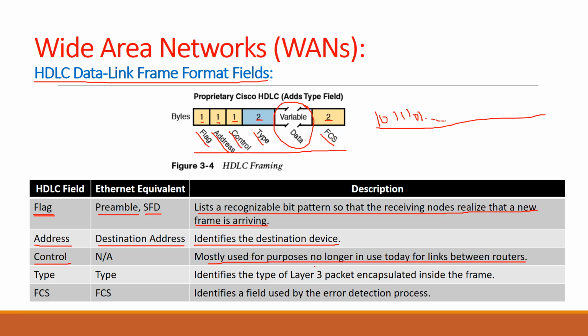Actually, it is not used today for the links between routers. The type field, which is 2 bytes, is equivalent to the type field in the Ethernet frame format.